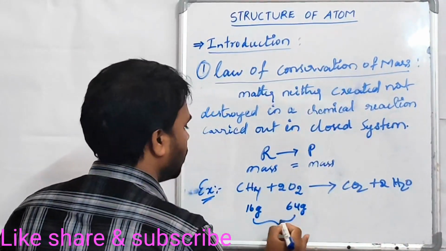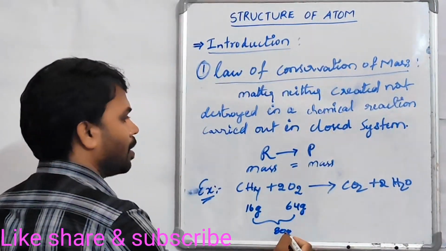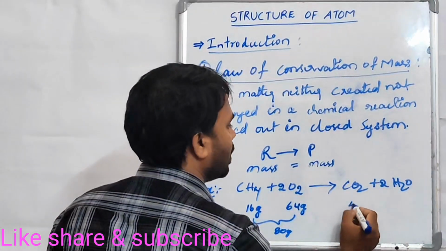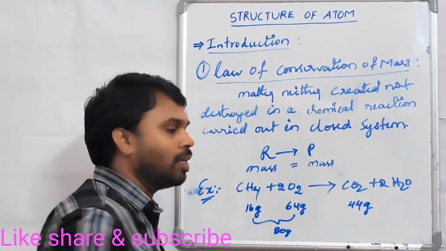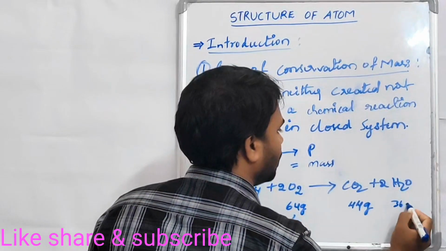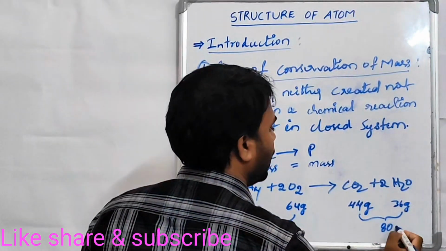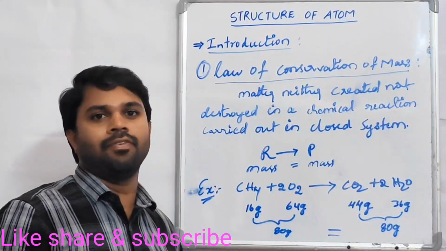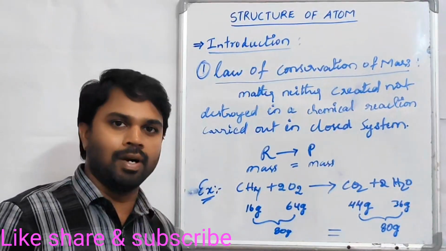The sum of these two masses is 80 grams. Now come to the product side. The mass of carbon dioxide is 44 grams and the mass of 2 moles of water is 36 grams. The sum of these two masses equals 80 grams. The mass of products equals the mass of reactants. This is the first law, law of conservation of mass.